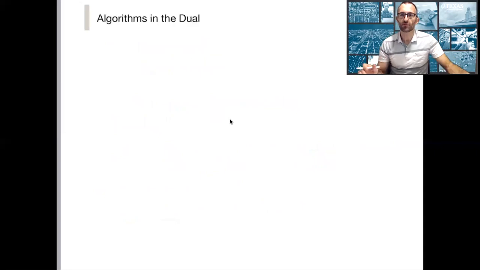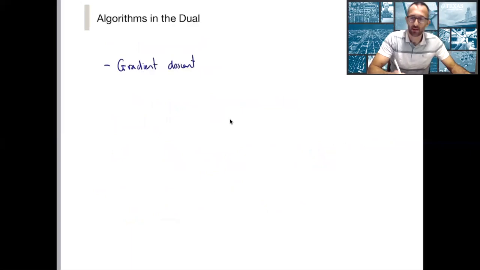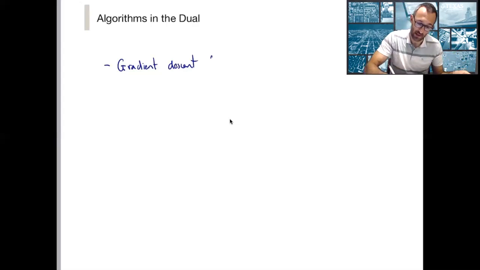We're going to see a number of different algorithms in the dual. Primarily, it's going to be the suite of algorithms that we've already developed. So we're going to explore what gradient descent looks like. The dual, of course, is a maximization problem, so we'll either get rid of that minus sign and just talk about gradient descent, or we're going to talk about gradient ascent.